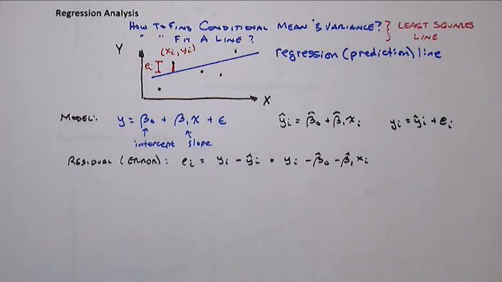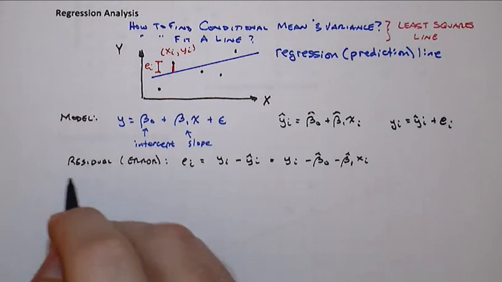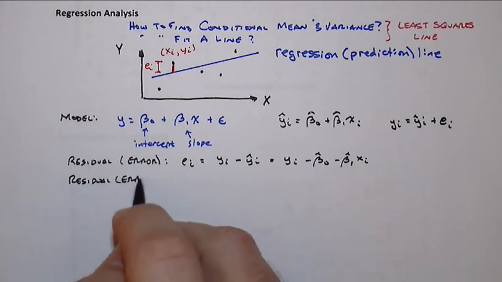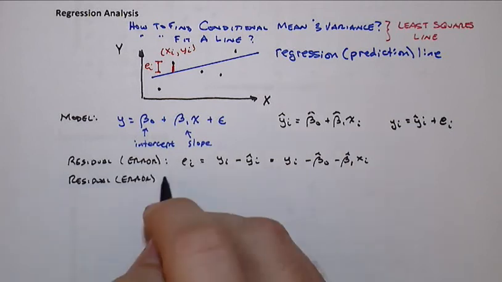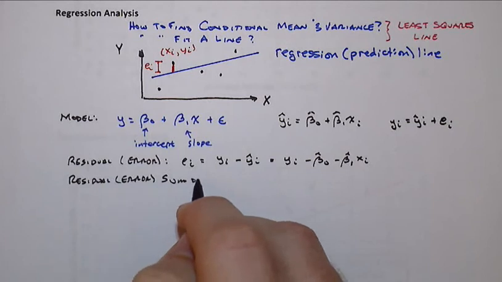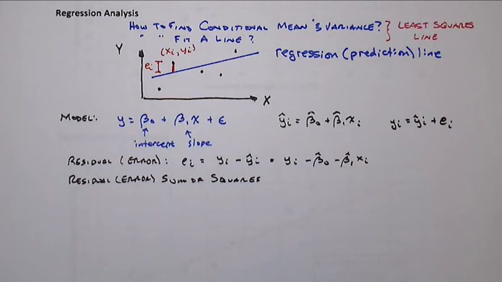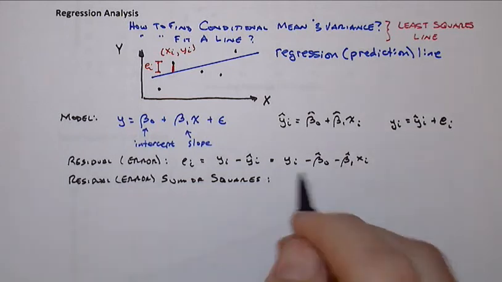And also what we'll take a look at is the residual or error sum of squares. As we head into this module, we're going to have an alphabet soup of terminology, and it can easily drive you nuts.